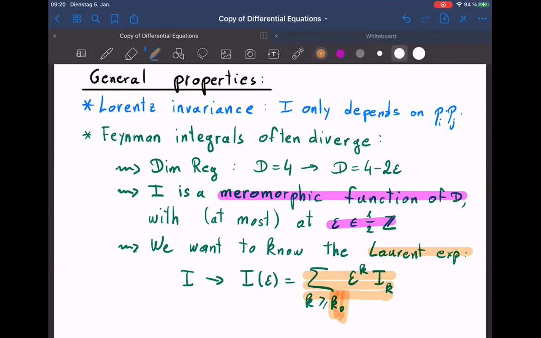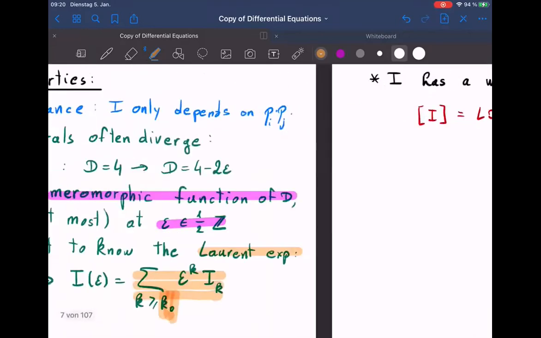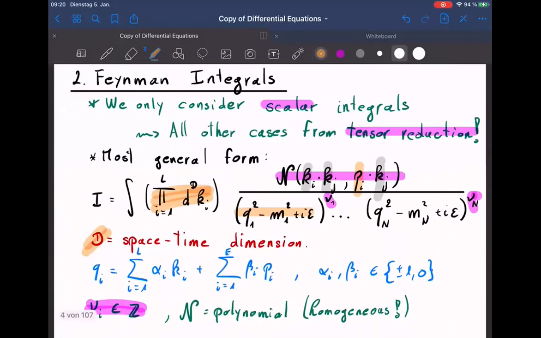So the last thing that I want to mention is the following. It's again, so far I'm doing things that are very obvious. My integral has a well-defined energy dimension. Why is that? Well, when you look at the definition of the integral that we had here, you see, well, every k and every p is momentum. It has a dimension of an energy.